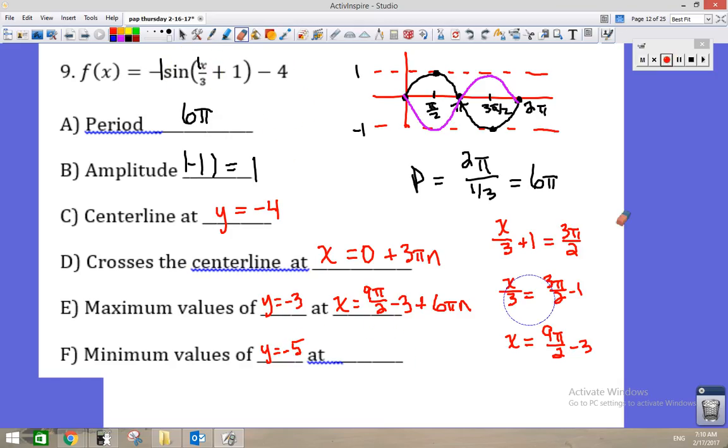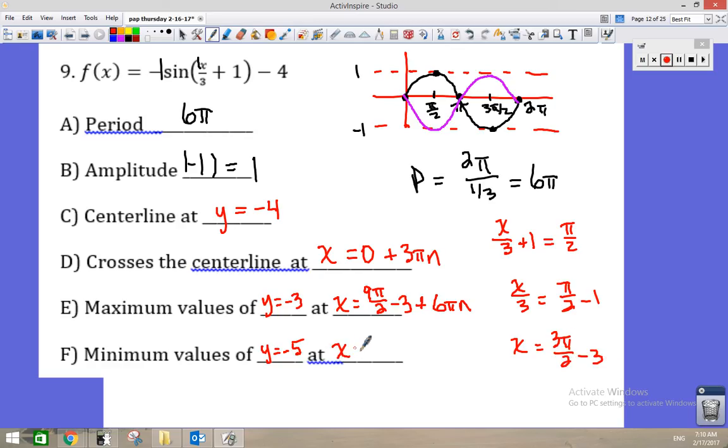So we'll be at a minimum if we can find the value of x such that this input is pi over 2. So if we subtract 1 and multiply everybody by 3, we've got, if x is 3 pi over 2 minus 3, when you take the sine of that, you'll be at 1, and then -1 times 1 is -1 minus 4 is -5.